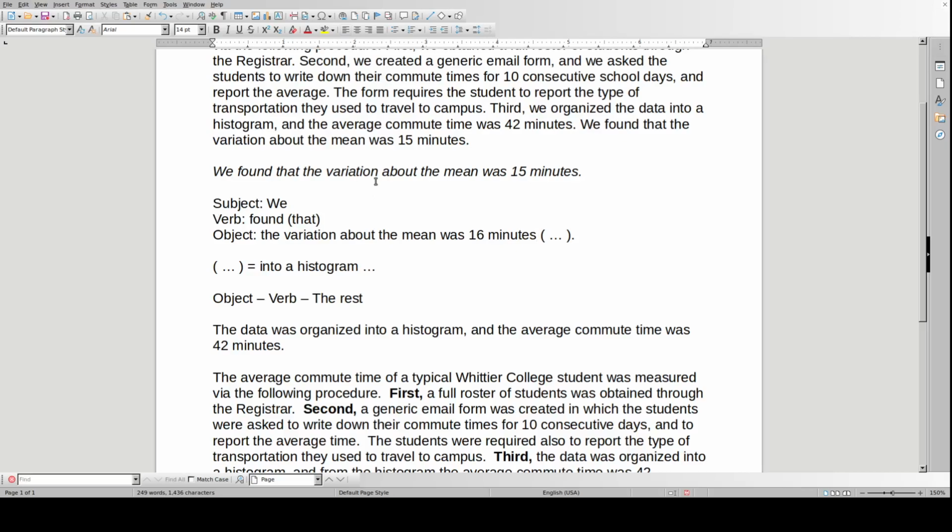If we really want to modify the sentence so that we fit the strict subject verb object pattern, and we wanted to get rid of the that, we could say we found the variation about the mean to be 15 minutes. And so that way, this about the mean to be 15 minutes could be the parenthetical rest of the sentence.